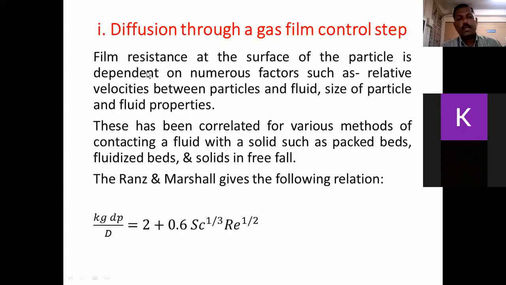Now in these 3 steps, only 2 steps are very important: diffusion through the gas film and surface reaction, because the ash layer is absent here. In the previous session we saw the 3 steps for unchanging size, and in each step we derived the time and conversion relation.